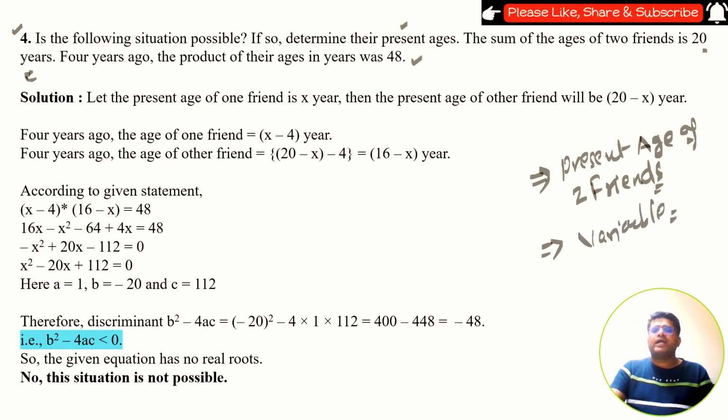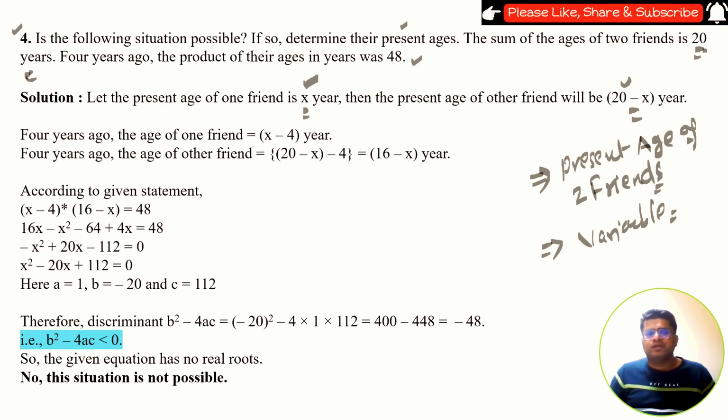Okay, student. Then we consider, let the age of one friend be x here, then the age of the other friend will be how much? 20 minus x. Why 20 minus x? Because the sum of these two friends' ages is how much here? 20 years.